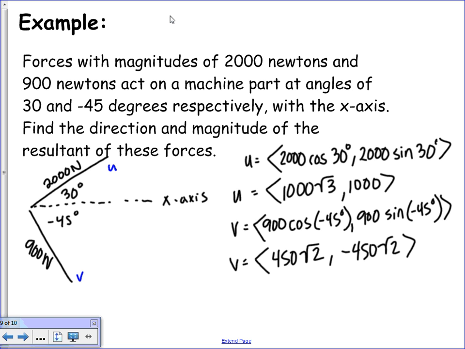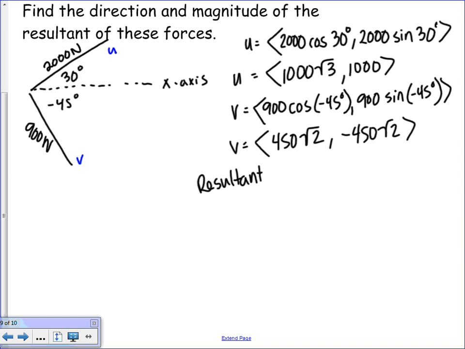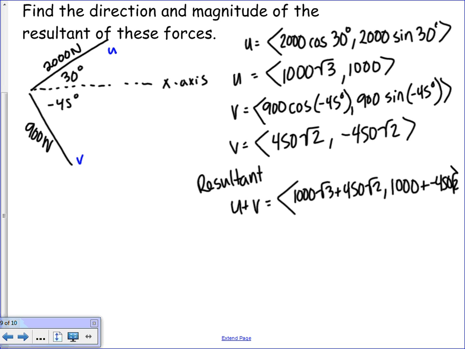And now we want to find the resultant. So the resultant would mean add those together. So I'm going to do U plus V. And I would probably at this point just transfer into decimal form.